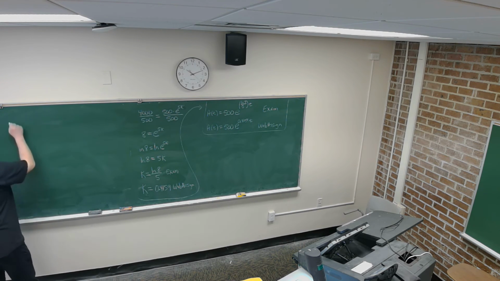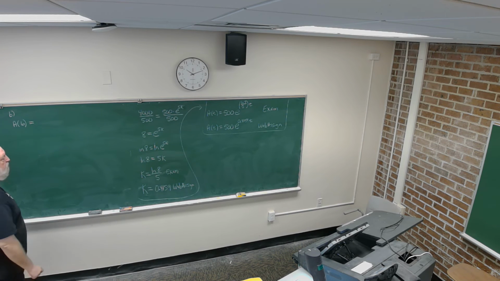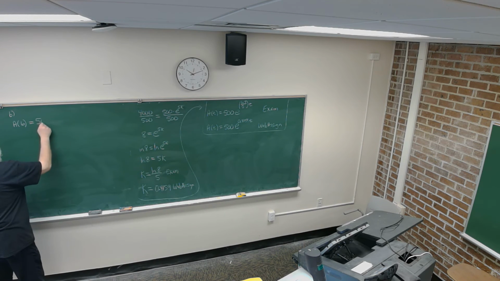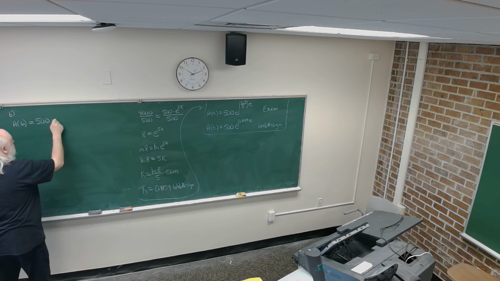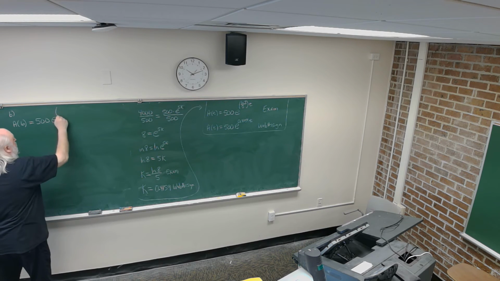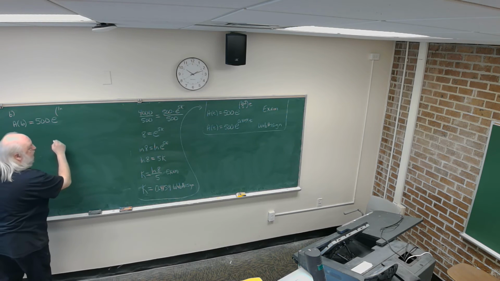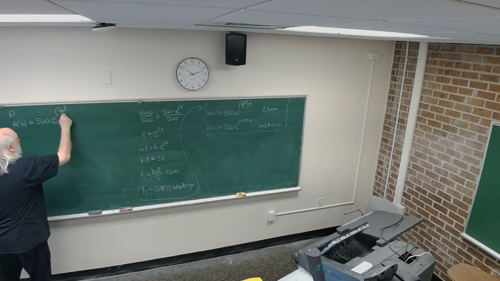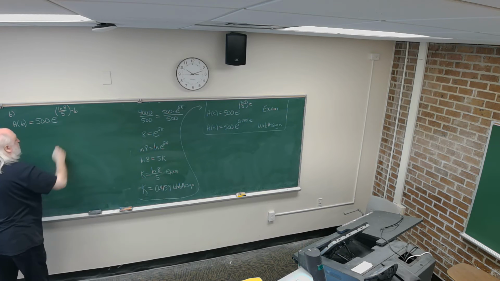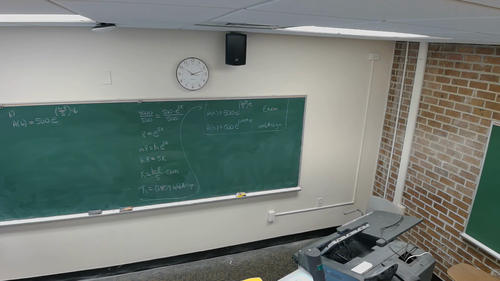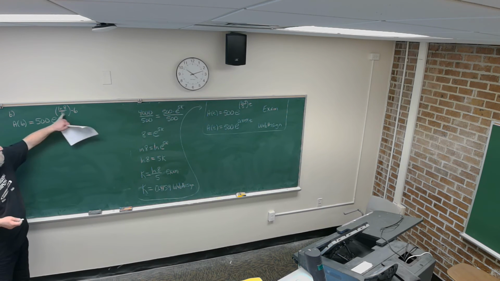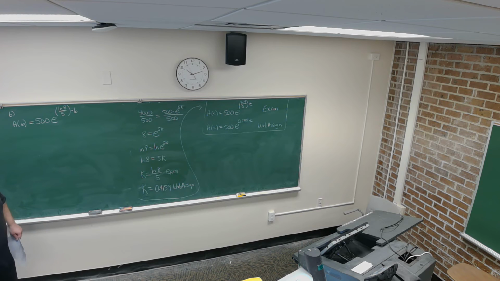So A of 6 on the exam is equal to 500 times E raised to the natural log of 8 over 5 times 6. And you can, if you want to, write this as 6/5 times the natural log of 8 and other stuff. But that's the exact answer.